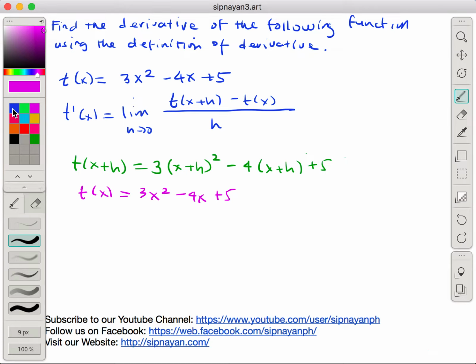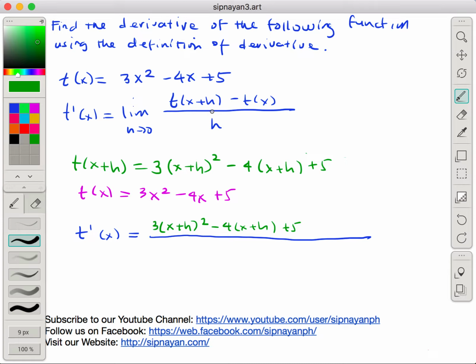So, we have t prime of x is equal to, mahirap mag-draw ng straight line. So, ano yung t of x plus h natin? Di ba ito yun? So, pwede na natin ilagay ng diretso yan. 3 times x plus h quantity squared minus 4 times x plus h plus 5.